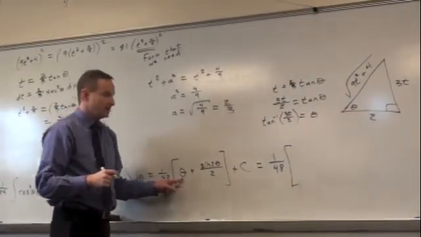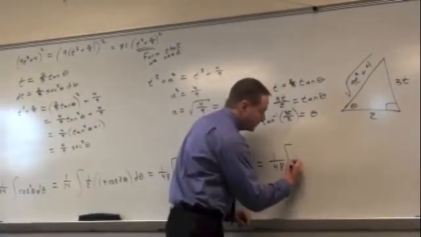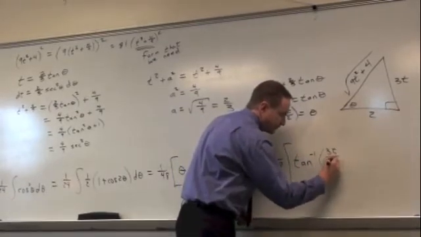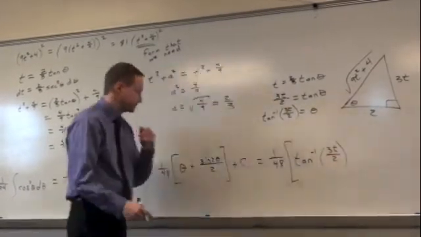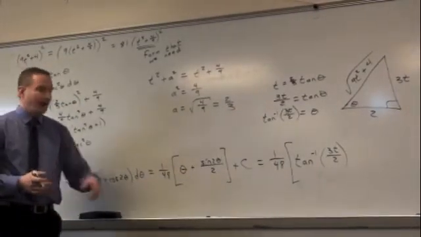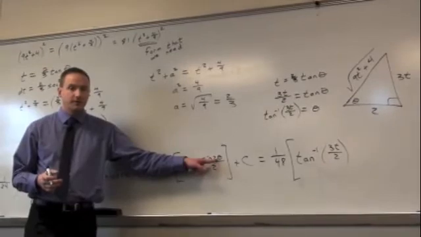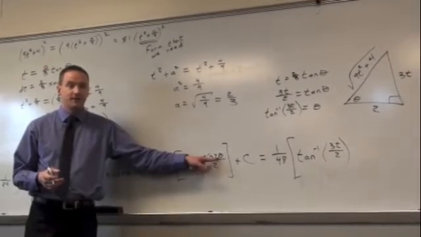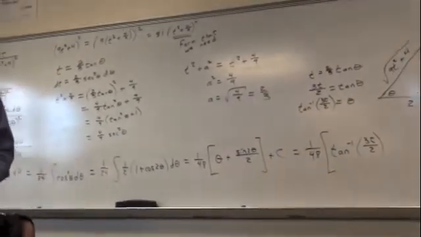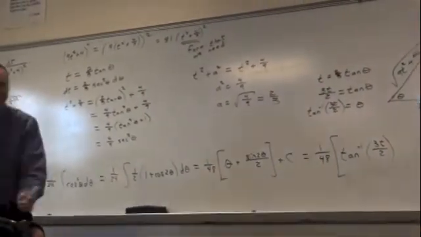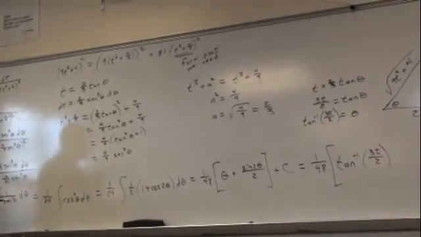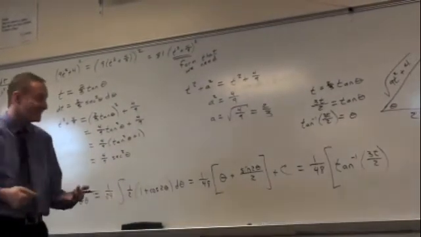So theta is the inverse tangent of 3t over 2. Plus the sine, I can't use my trig triangle for the sine of 2 theta. So now you have to use your double angle formula, and the sine of 2 theta is 2 sine theta cosine theta.